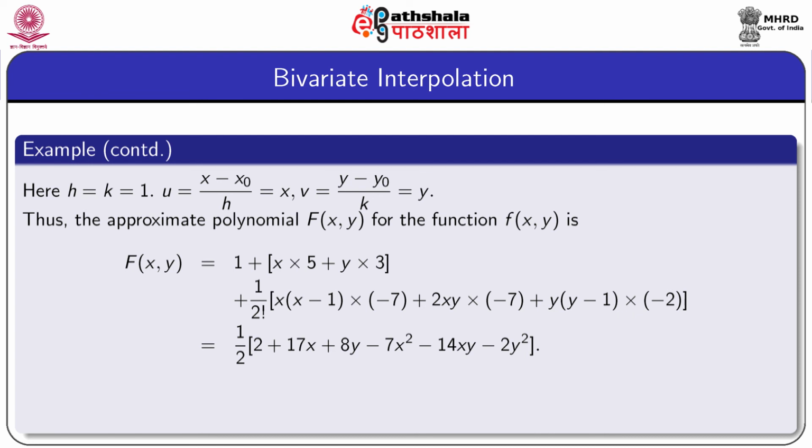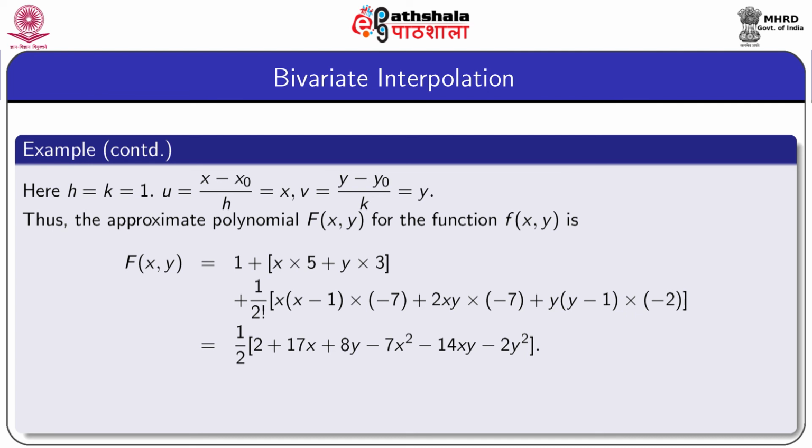Thus, the approximate polynomial capital F of xy for the function small f of xy is capital F of xy equal to 1, this is the value of f of x0 y0, plus x into 5 plus y into 3 plus 1 by factorial 2 into x into x minus 1 into minus 7 plus 2 xy into minus 7, this is the value of delta xy, plus y into y minus 1 into minus 2, this minus 2 is the value of delta yy.